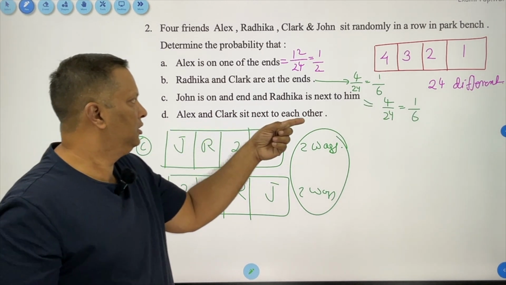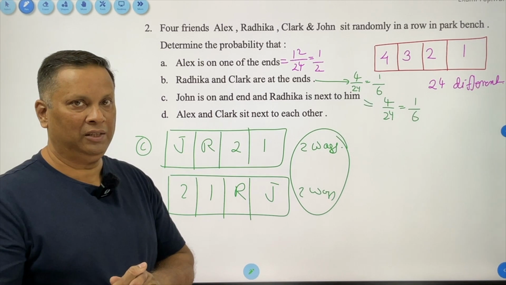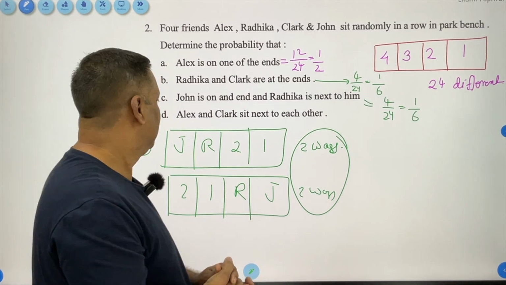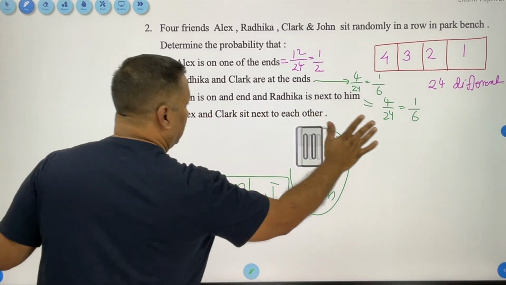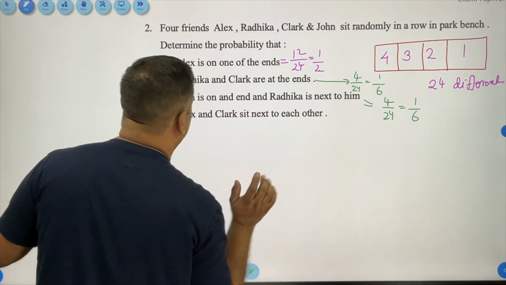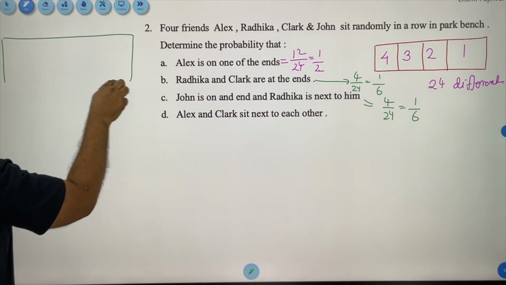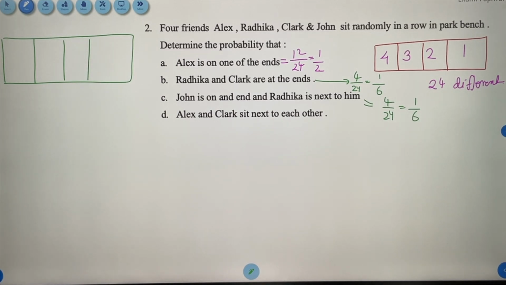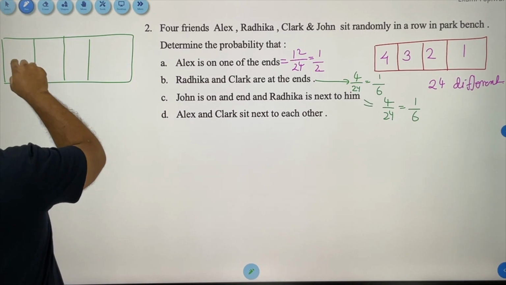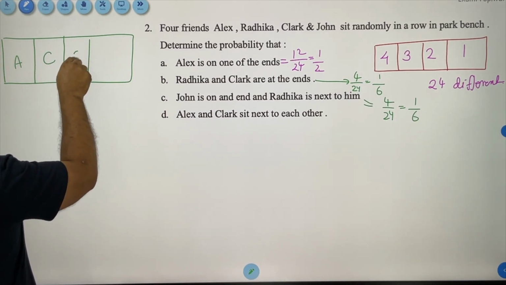Now, Alex and Clark sit next to each other. Let's do that. I'll erase this. I hope you have noted. Alex and Clark. So let's make 4 benches. Alex, Clark. So 2, 1.